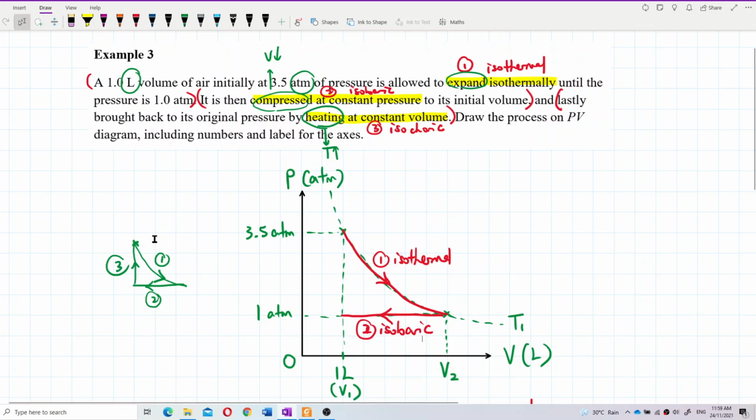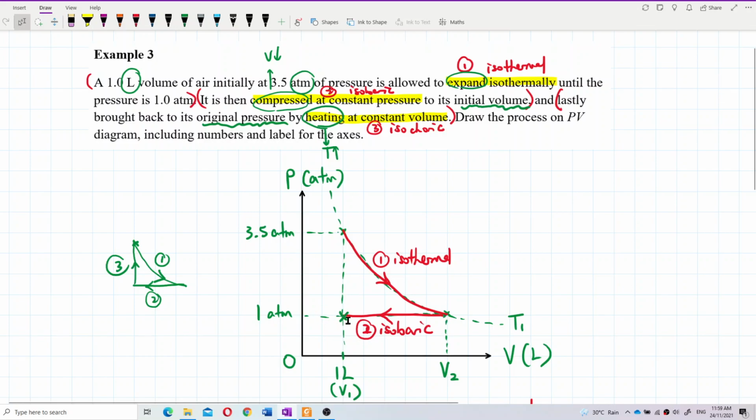Okay, then go up. So you must highlight all this. This is initial volume, and this one go back to original pressure. You see that? Isobaric just now is go back to the initial volume, go back to this point, 1 liter, but maintain constant pressure of 1 atmospheric pressure.